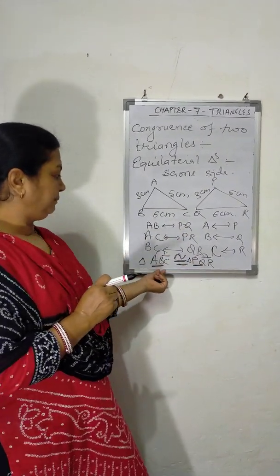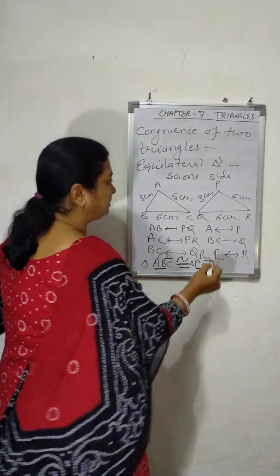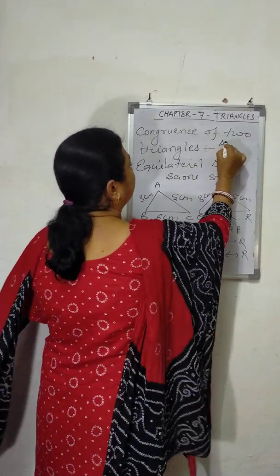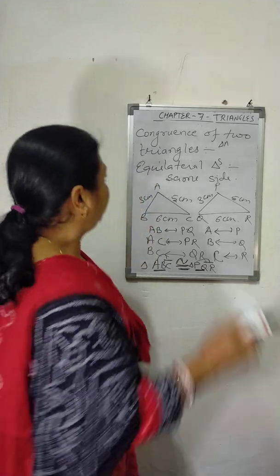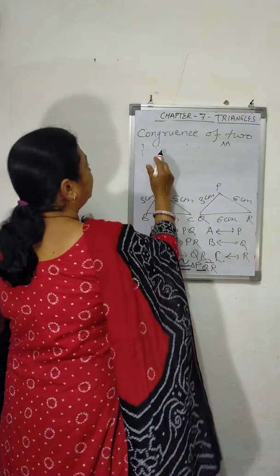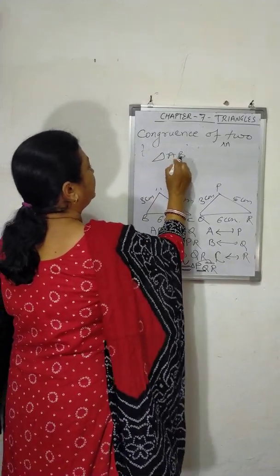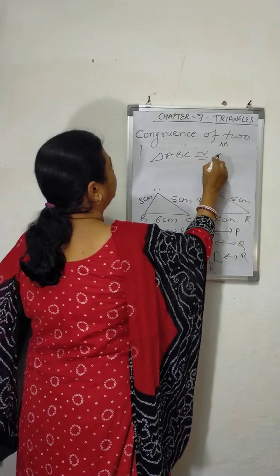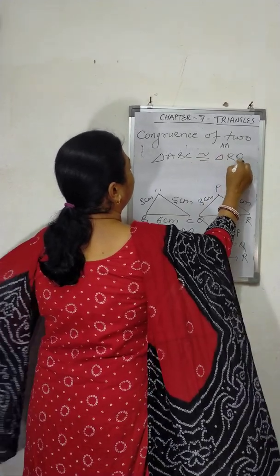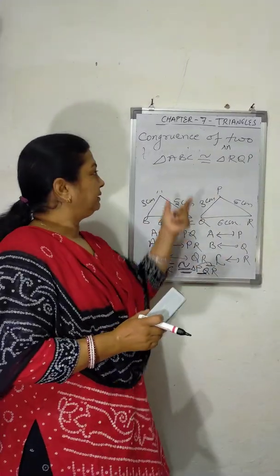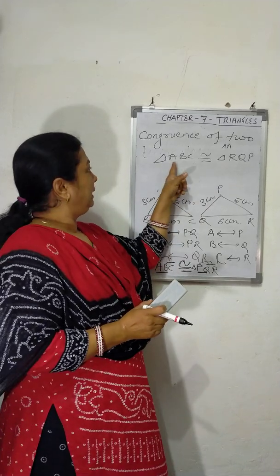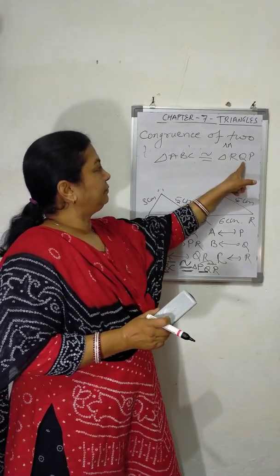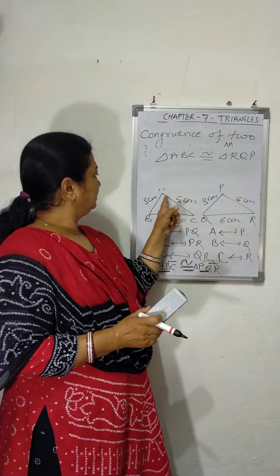Here I have written triangle ABC is congruent to triangle PQR. But suppose I am writing triangle ABC is congruent to triangle RQP, whether it will be correct. AB is equal to RQ, is it?